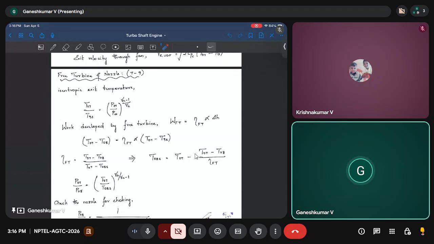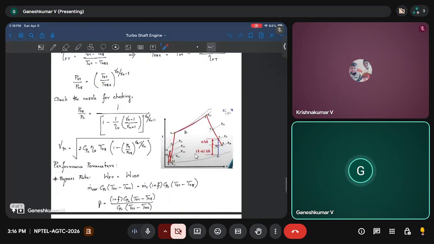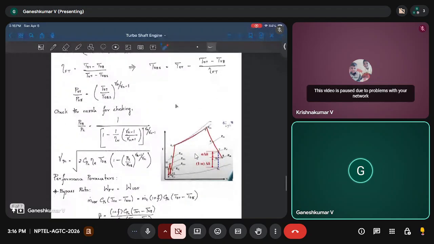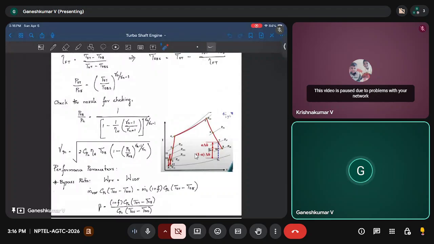We have to follow the same procedure. The power split factor helps you find the work developed by the free turbine, and the remaining delta H is used for the nozzle. So alpha times delta H is extracted by the free turbine, and 1 minus alpha times delta H is expanded in the nozzle.